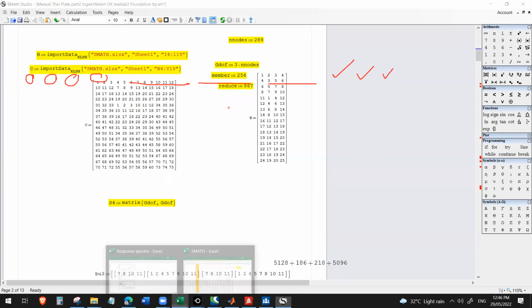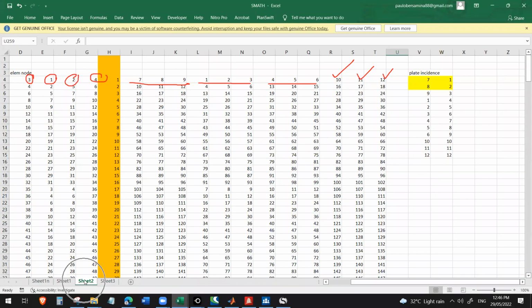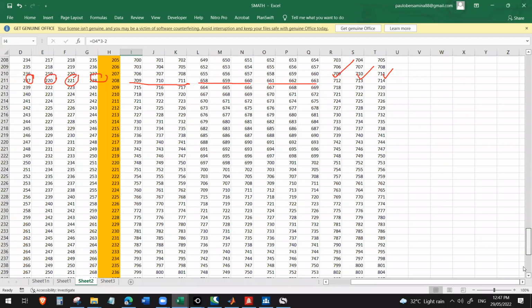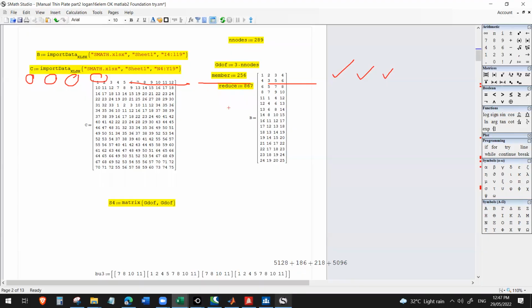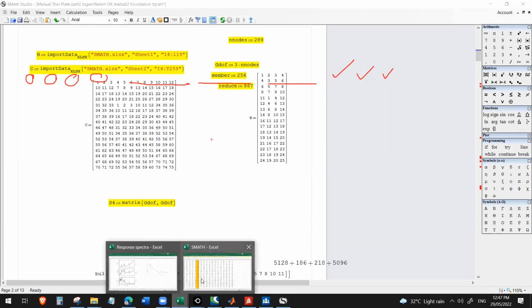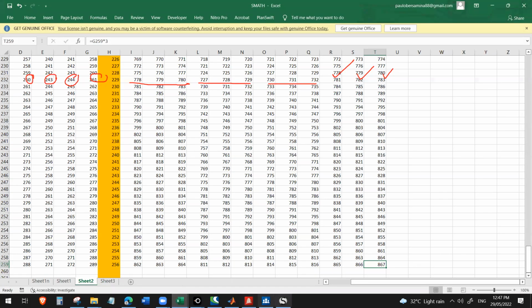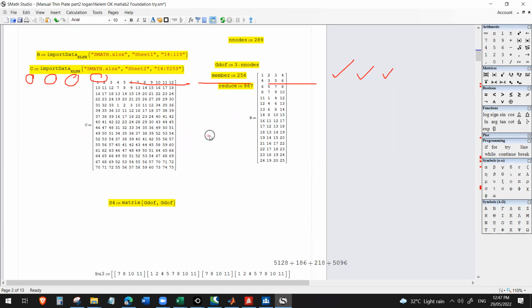So, under siya ng sheet number 2 from I4 hanggang T259. Okay, then it's located sa sheet number 2. Right? Sheet number 2. Okay.